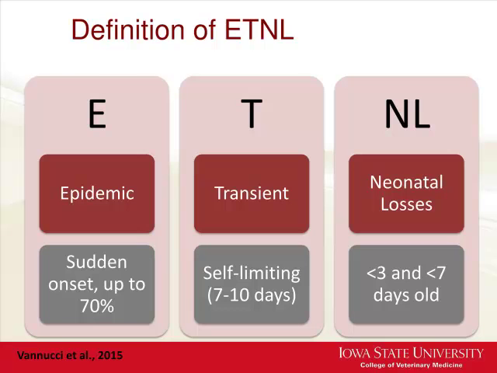Epidemic because it's really a sudden onset. Mortality goes up, in not all cases, to 70%; some cases 30, 40, 50, but up to 70% we've seen. And transient because it's a self-limiting mortality. After about a week, mortality just comes back to baseline, whatever it was before.